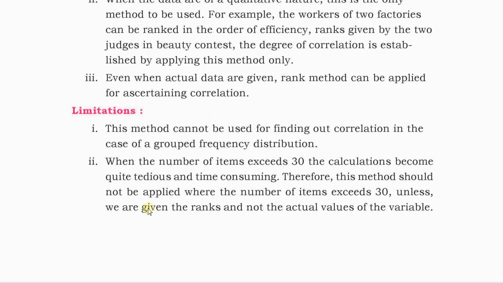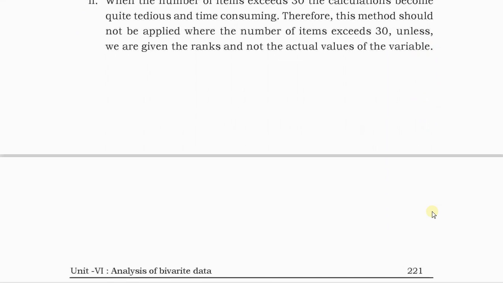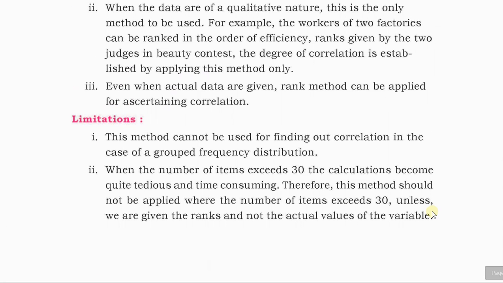And the second one is when the number of items exceeds 30, the calculations become quite tedious and time consuming. Therefore, this method should not be applied when the number of items exceeds 30 unless we are given the ranks and not the actual values of the variable. So if you are doing these calculations manually, you can somehow arrange the data up to 30.